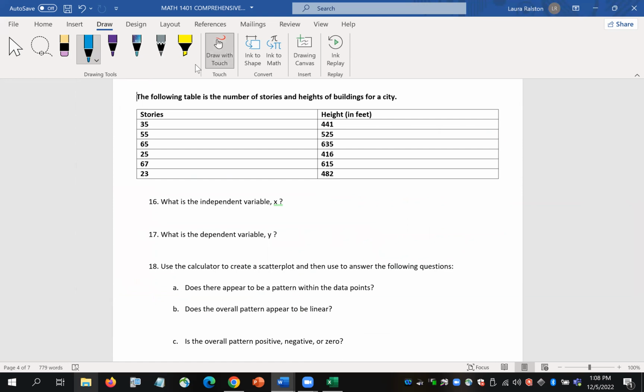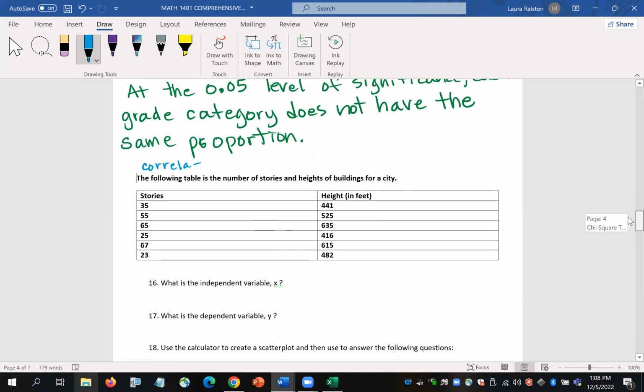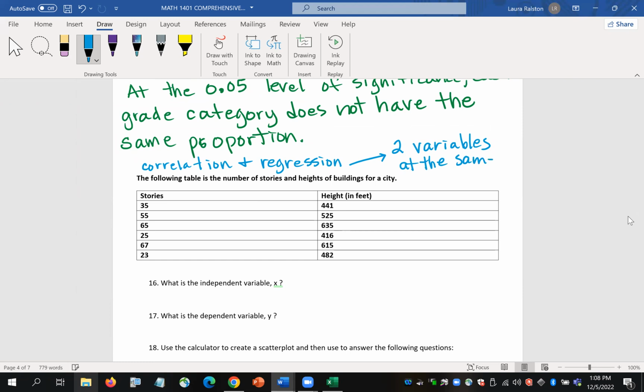Again, hopefully you should be able to recognize it as correlation and regression, because correlation and regression is the only test that we talked about where you have two variables at the same time, where you have two variables that are paired together.